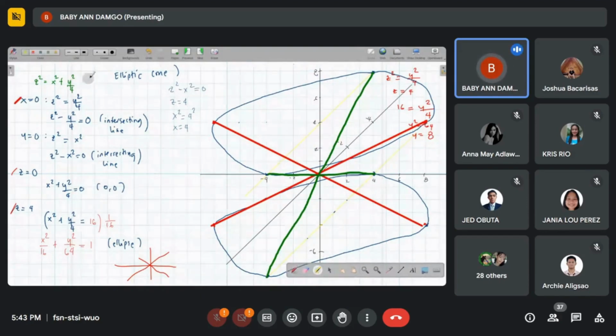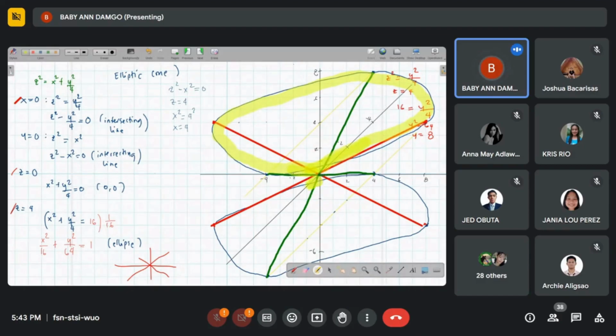So, kung ato na siyang koloran, mao ni siya. Okay.